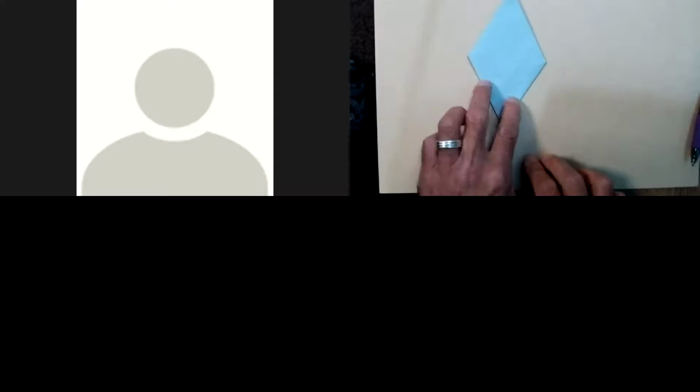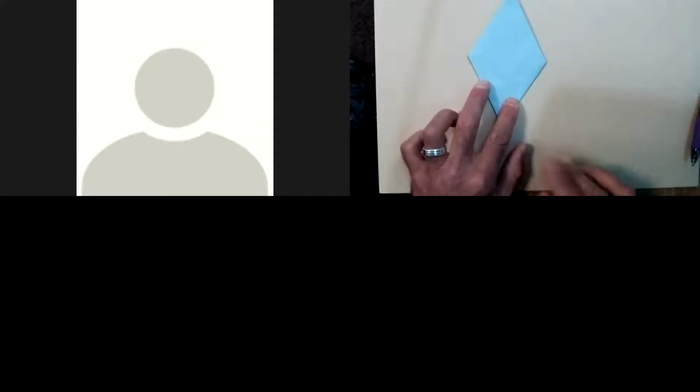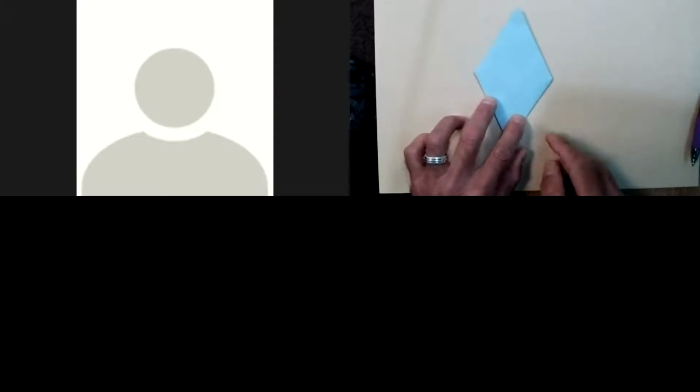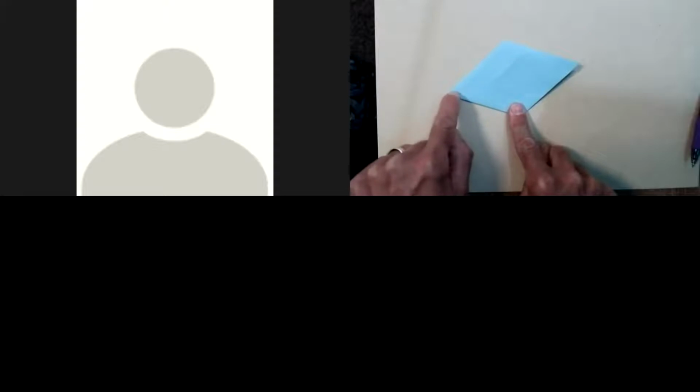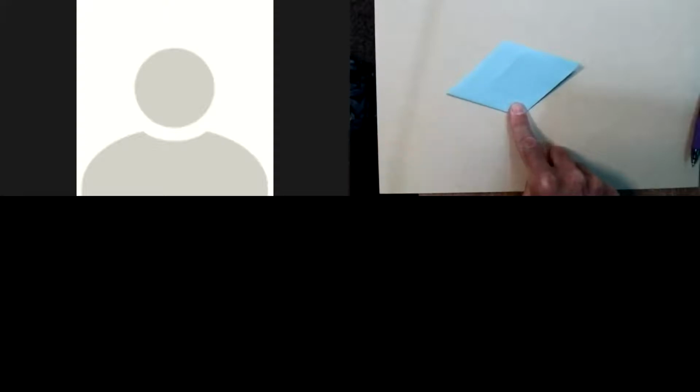So lots of names we can give these figures based on properties of geometric figures. The best name for this one right here is a rhombus. A rhombus is a four-sided figure with equal edges. So this has 1, 2, 3, 4 equal edges. It's a rhombus. A rhombus is a kind of parallelogram, kind of like a square is a kind of rectangle.